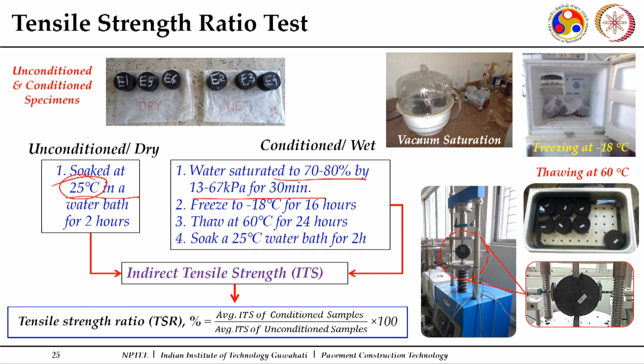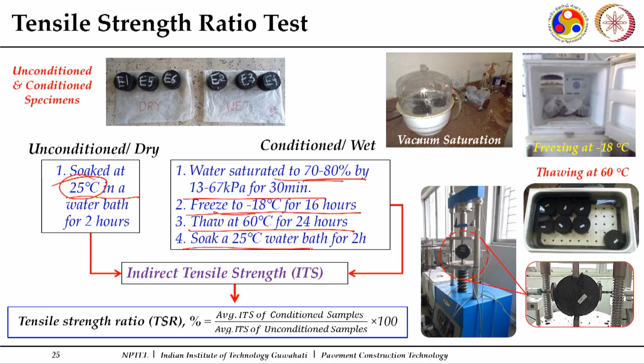Water enters the mix with the application of vacuum, and once the water has entered, the specimen is saturated in the range of 70 to 80%. It is subjected to a freezing action of minus 18 degrees for 16 hours, then thawing at 60 degrees centigrade for 24 hours. In this manner we give cycles of freezing and thawing to the specimens when they are saturated with water, trying to simulate the moisture related damages which can happen in bituminous mixes.